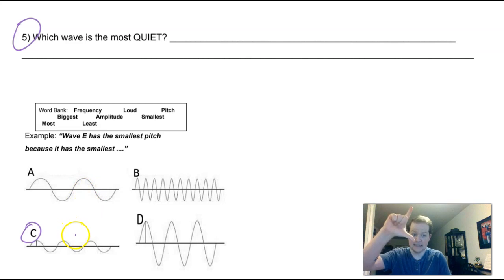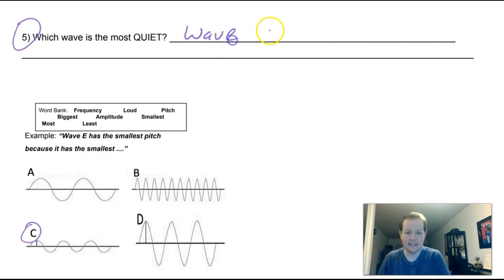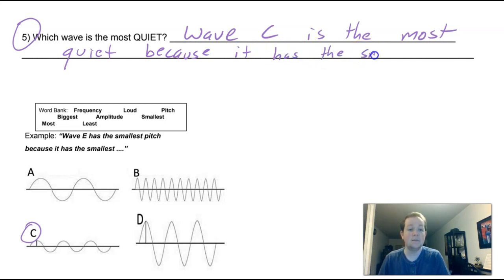So C has the smallest amplitude. Okay. So I could write down wave C is the most quiet. It's quiet because it has the smallest amplitude.